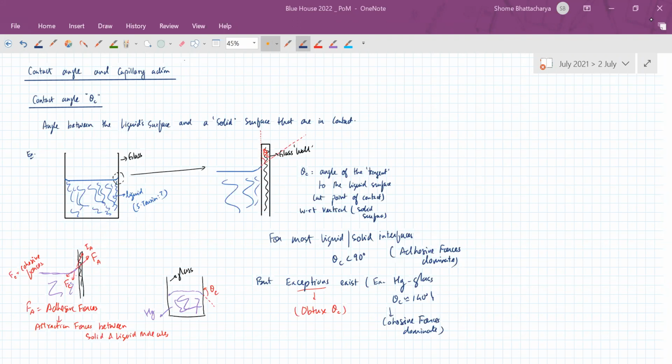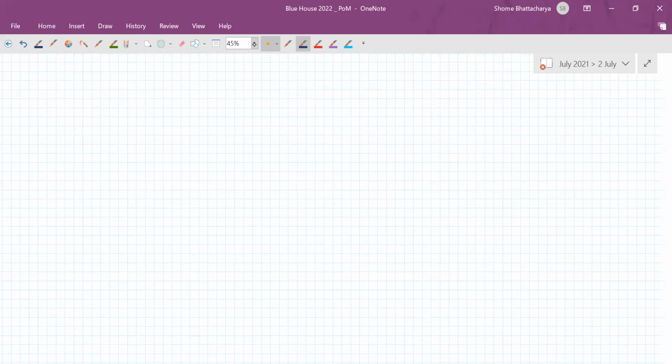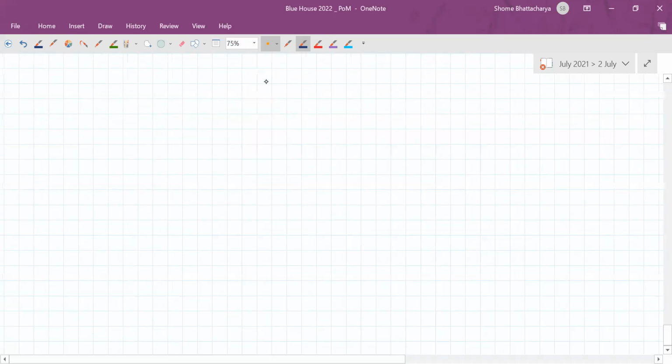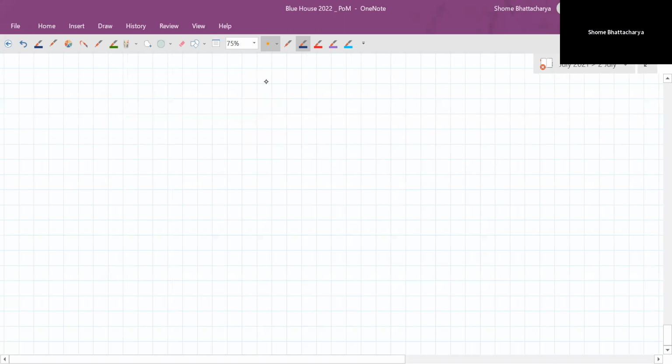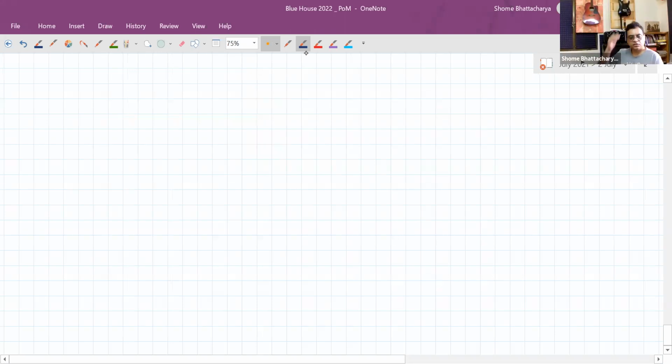Okay, now we'll see the next thing. Because of this phenomenon of contact angle, if we put a thin open tube inside an open liquid surface, typically one such that the contact angle is acute, then liquid rises in that. So a capillary is basically a thin cylindrical tube.